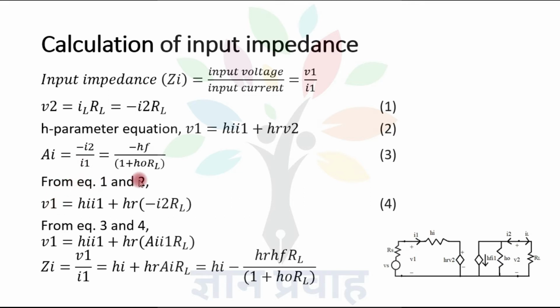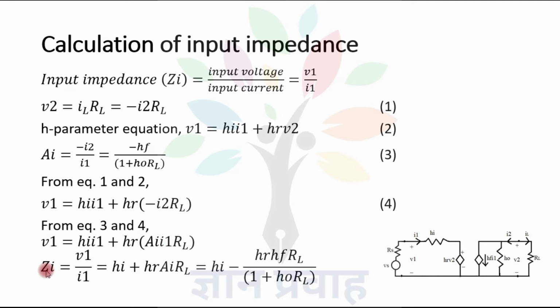So from equations 1 and 2, V1 equals HI I1 plus HR times minus I2 RL. Now from equation 3, I2 equals AI I1. So V1 equals HI I1 plus HR AI I1 RL.